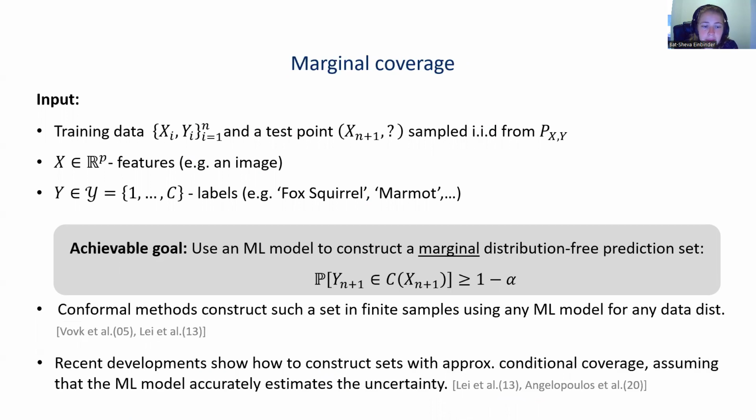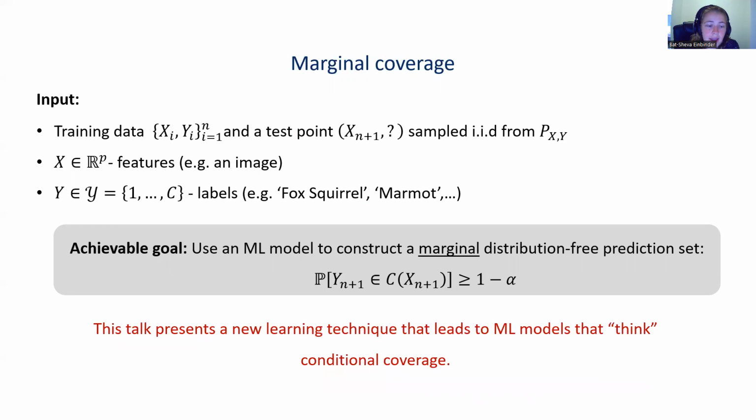But conformal methods do manage to construct prediction sets with valid marginal coverage. This means that the previous property holds on average for all images. In this talk, I will present a new learning technique that leads to machine learning models that think conditional coverage.